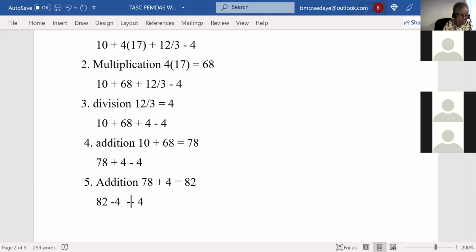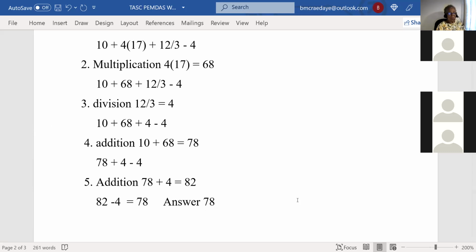Equals 78. And that's your answer. Answer: 78. Okay. But like I said, at this point, even though it's left to right, a plus 4 and a minus 4 is 0, and 0 and 78 is 78. And you get the same answer. You just get it in one step shorter.